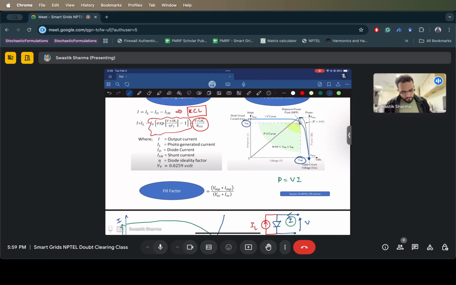This is called the open circuit voltage and this is called the short circuit current. This ratio is called the fill factor. It tells you how efficient your solar cells are, and it's generally between 0.7 to 0.8.